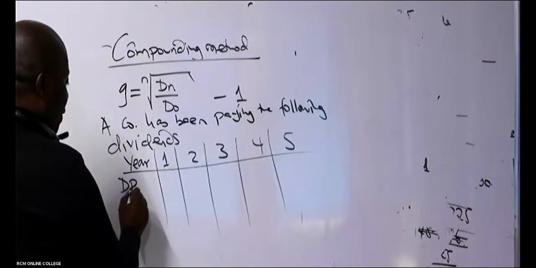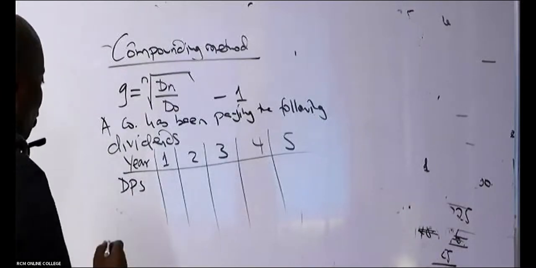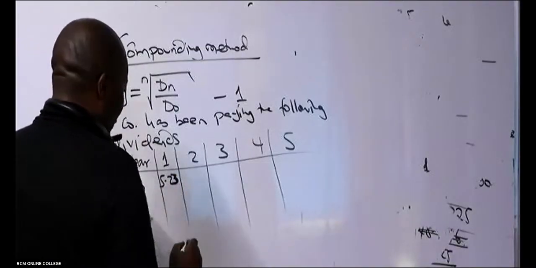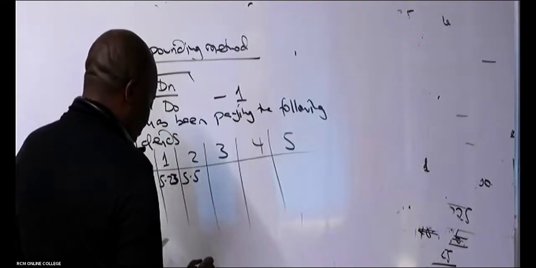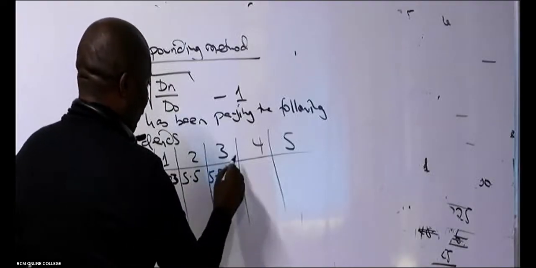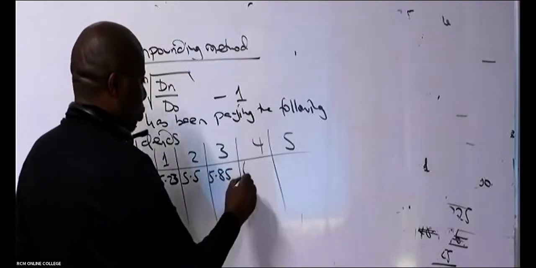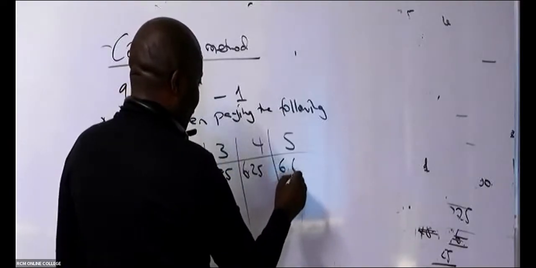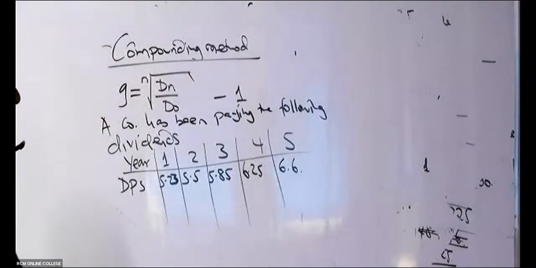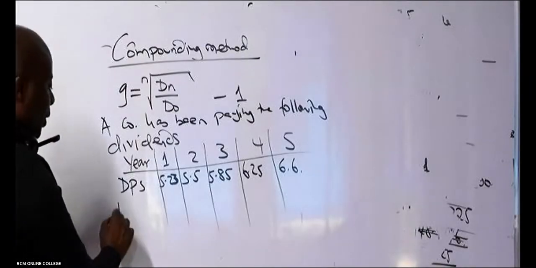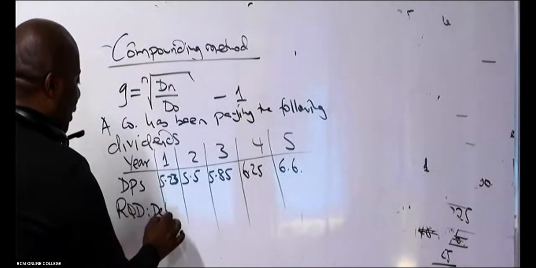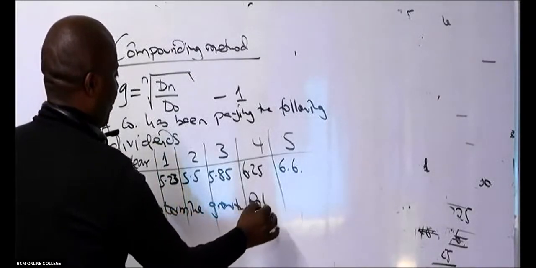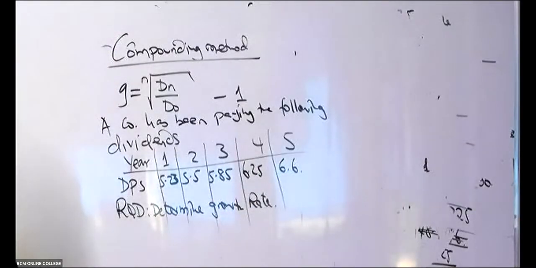Dividends per share: we have 5.23, 5.5, 5.85, 6.25. You can see the dividends are growing. Then we have 6.6. We are required to determine the growth rate.